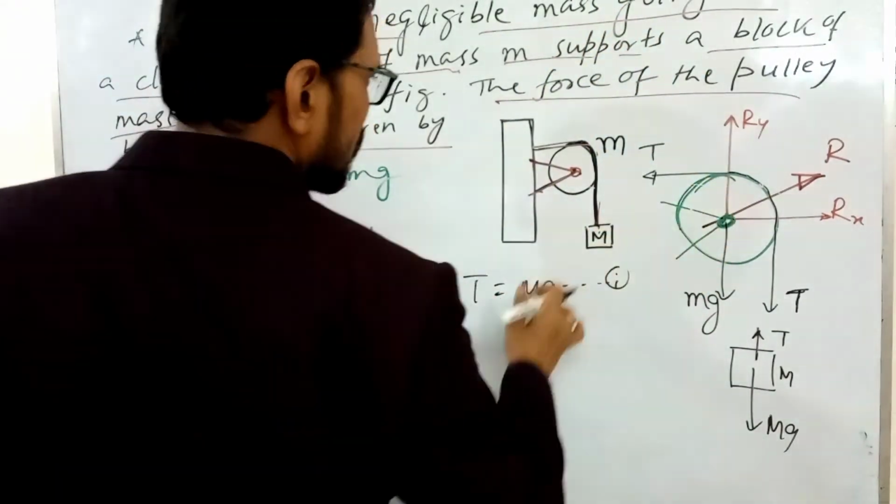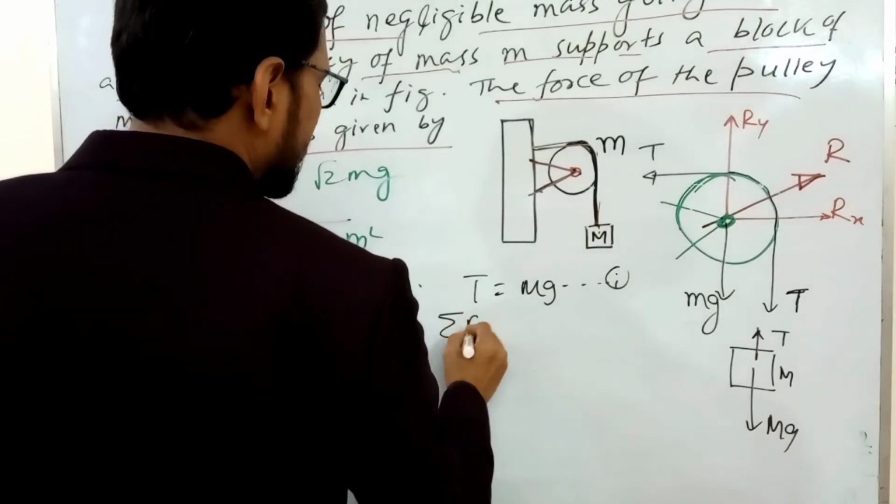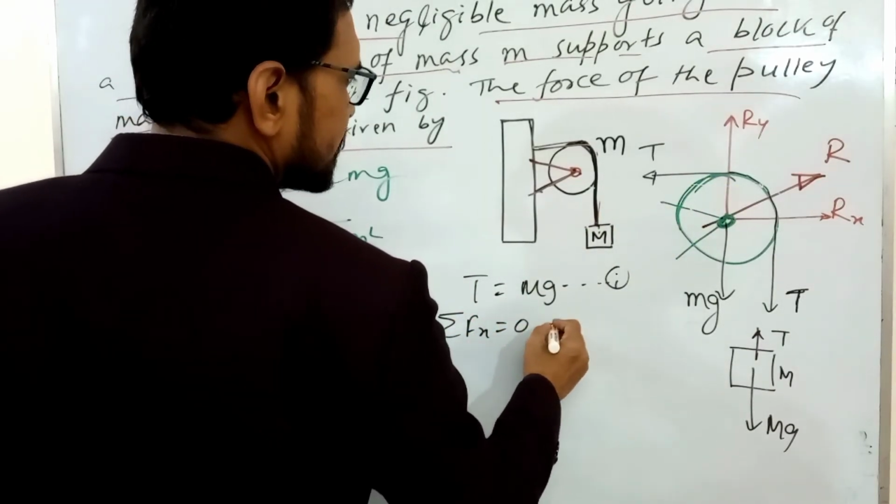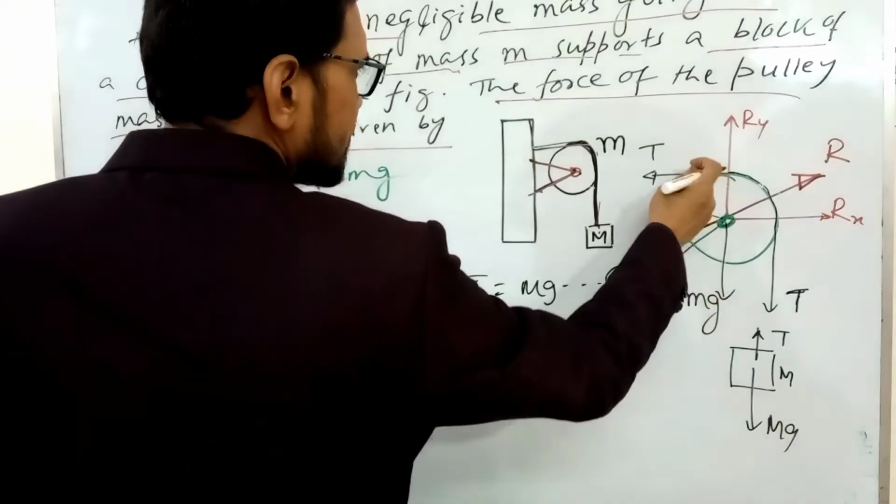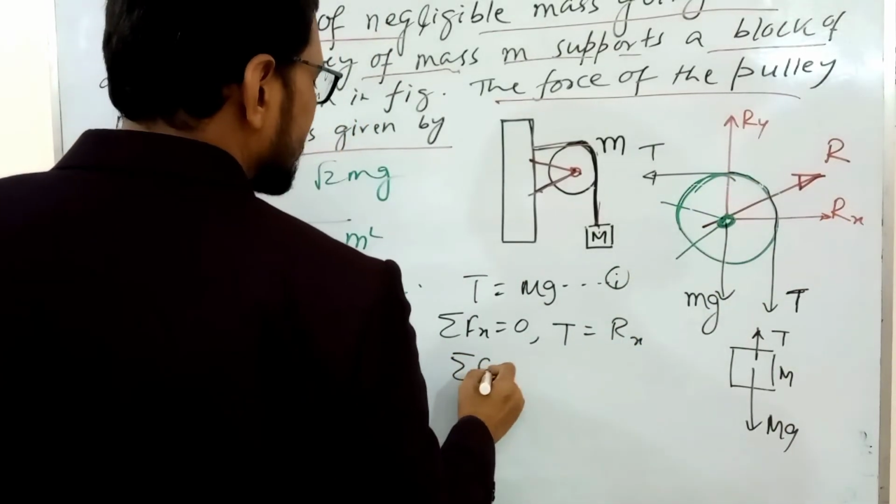The pulley is also in equilibrium. So summation of Fx equal to 0. From this we get T equal to Rx, and summation of Fy equal to 0.